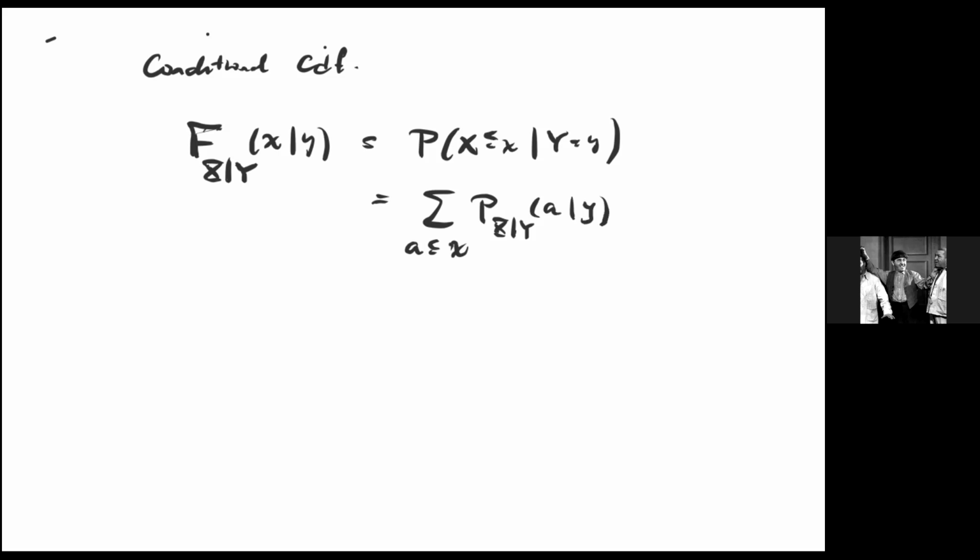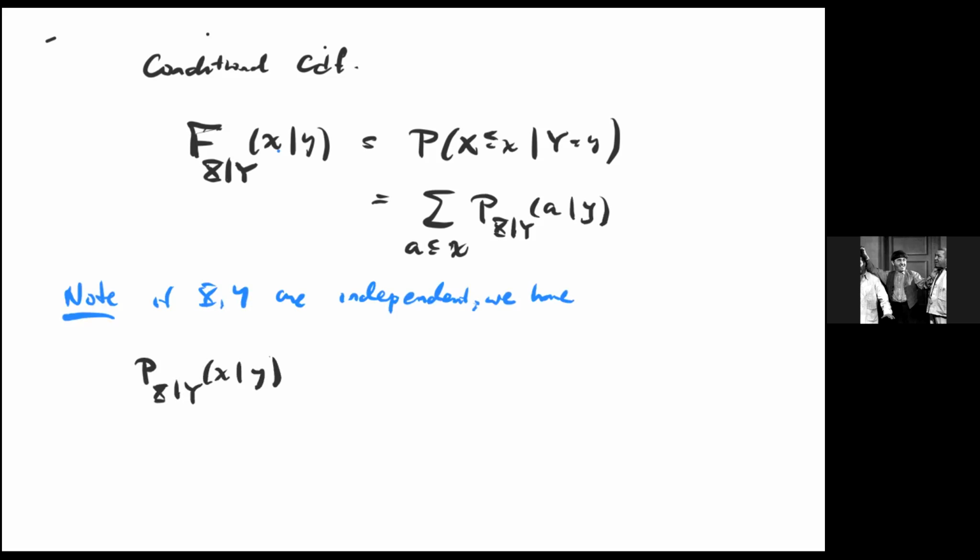Okay, so this is an important thing to note, what I'm going to write now. If X and Y are independent, notice that the conditional probability mass function of X conditioned to Y is the same thing as the following.